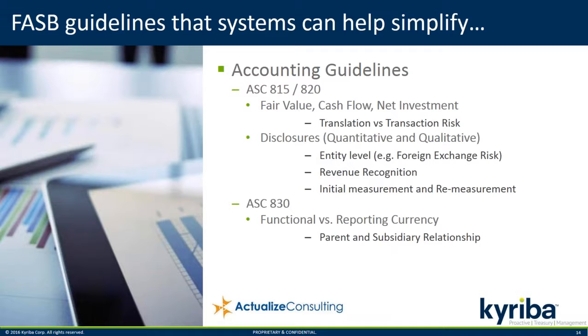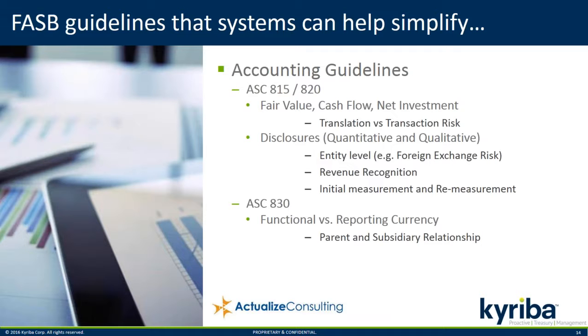On the transaction side, we're talking about either a financial asset or a financial liability. Perhaps it's a euro bond issued from a USD functional entity, or if it's cash flow, then maybe it would be your AP or your AR that you wanted to hedge. Really, the difference between these types of programs is that for a fair value program, you would typically see mark-to-market changes hitting your P&L immediately.